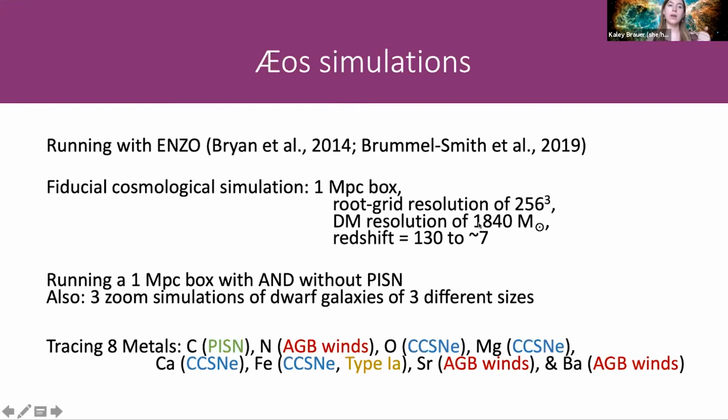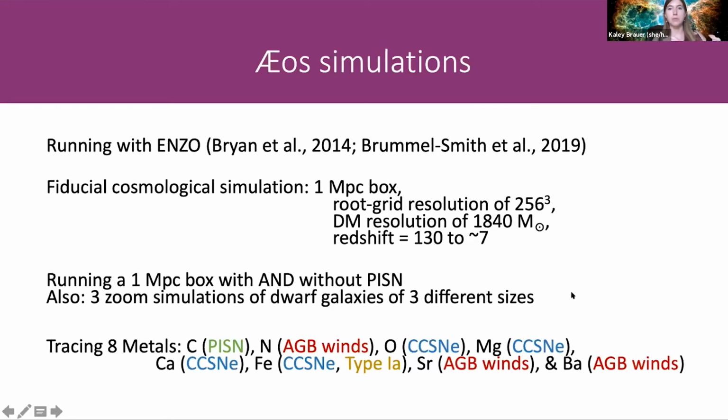We're going to do the fiducial model both with and without pair instability supernova to see the effects of that on early galactic chemical evolution. In addition, we're running 3 zoom simulations of dwarf galaxies of 3 different sizes.